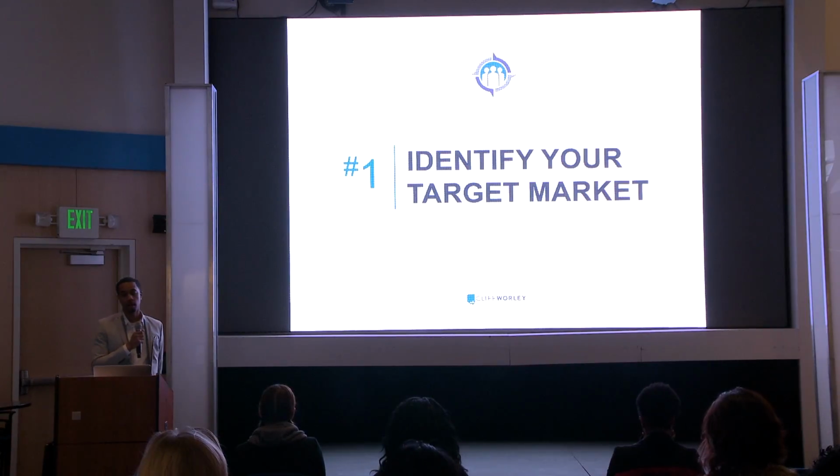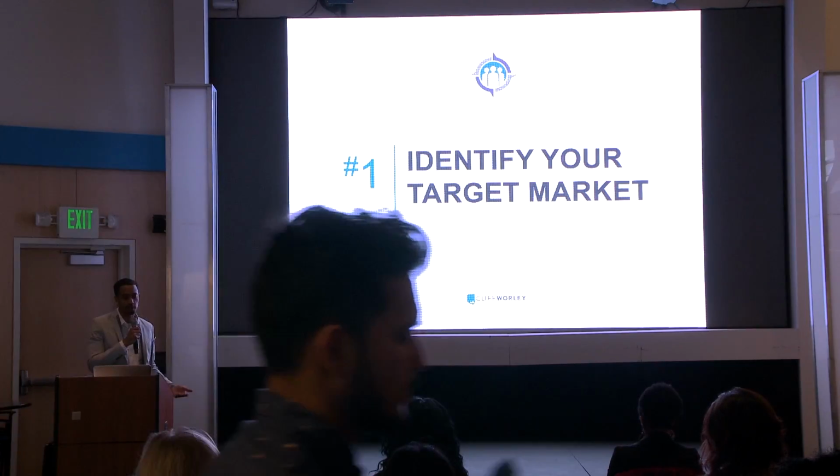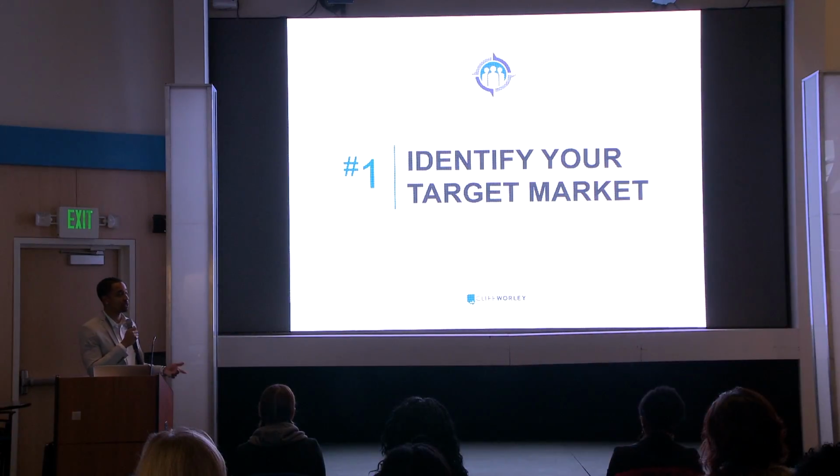First one is, a lot of people come to me and they say, well, I want more followers. So the first thing I have to ask them is, what type of followers do you want? You need to identify your target market, because otherwise it messes up the whole equation. If you don't know the type of people that you want to follow you, then what are you doing? So if you're in the fishing industry, you want people from Alaska that are fishermen to follow your account.